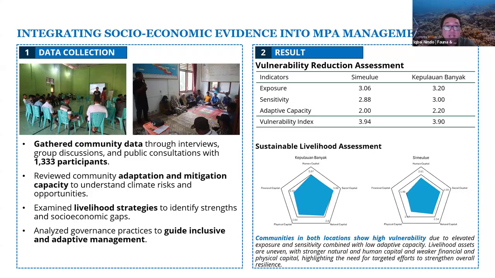This imbalance makes households more vulnerable, especially when facing shocks like extreme weather or changes in fisheries. Overall, these findings highlight that strengthening resilience in this MPA cannot rely on ecological measures alone. It also requires targeted socioeconomic support, better access to resources, and stronger local governance to help communities adapt more effectively.